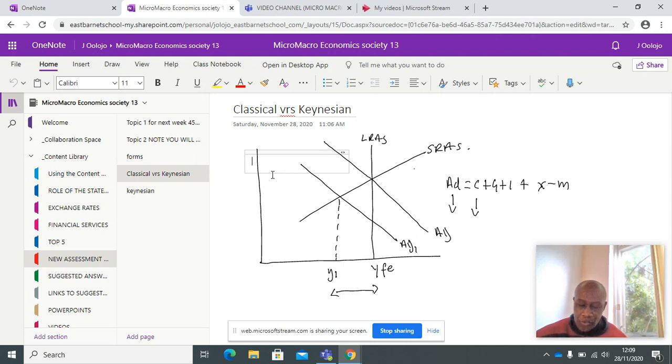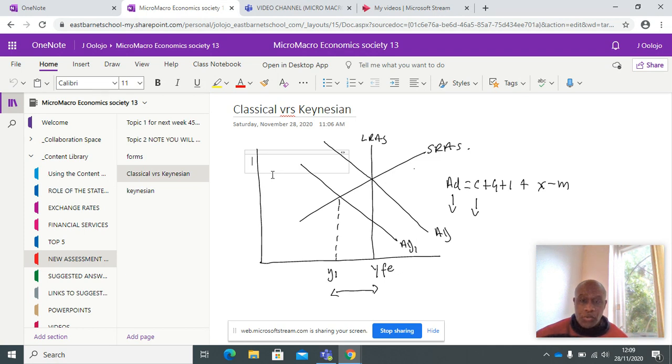A negative output gap is when your potential is greater than your actual. So it's gone back to Y1. What do companies do in this scenario? What's the largest cost for firms? The problem they have now is that consumption has gone down, so they have to try to respond because they're now producing Y1.